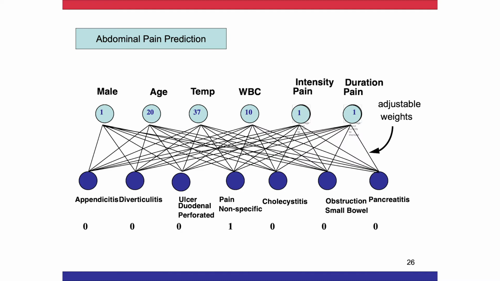This demonstrates abdominal pain prediction, where we have different classes of abdominal pain, that is, the different reasons for which abdominal pain occurs. At the top we have the data we collect from the individual, like gender, age, temperature, WBC count, intensity of the pain and duration of the pain.